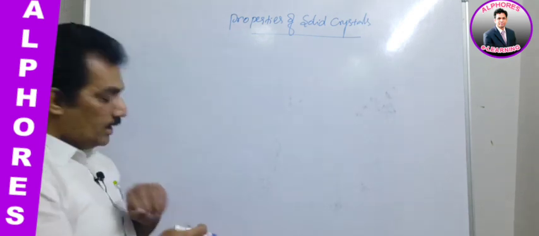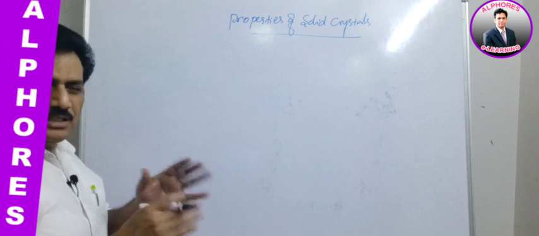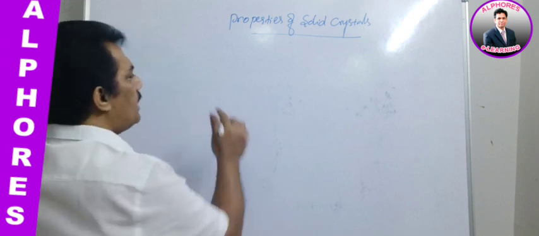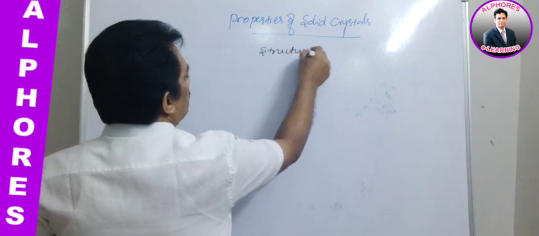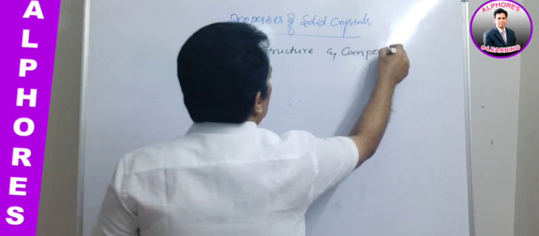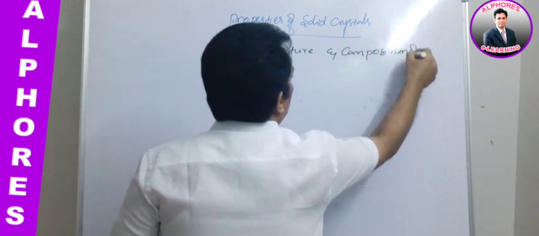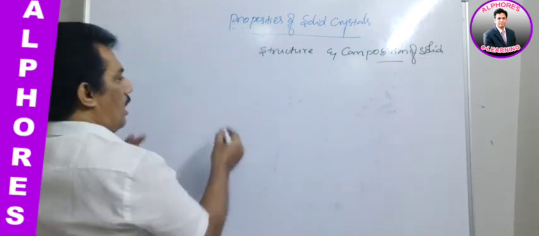Actually, the main properties that depend on the structure and composition of the solid are three.